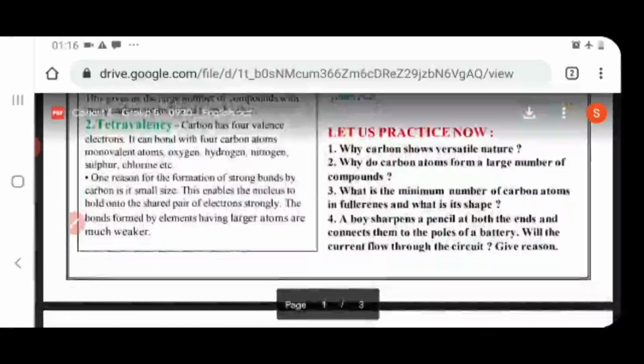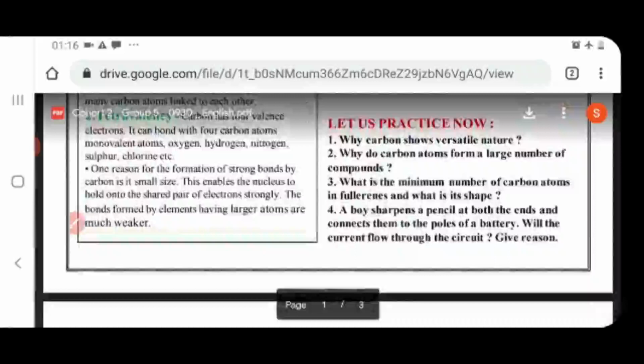Now come to the practice test. Why does carbon show versatile nature? I think all of you must be knowing, the versatile nature of carbon is because of its property of catenation and tetravalency.